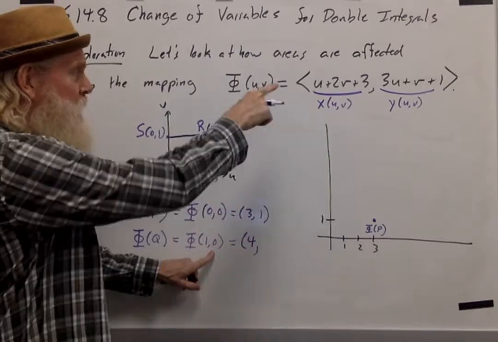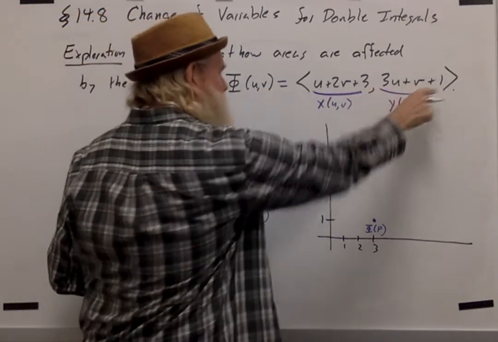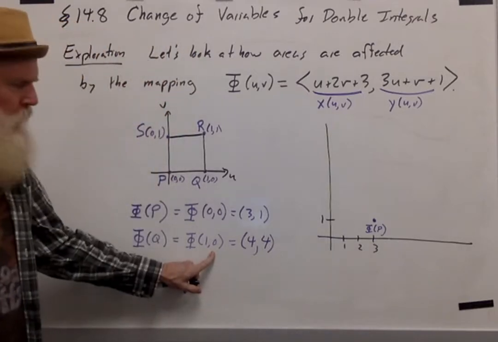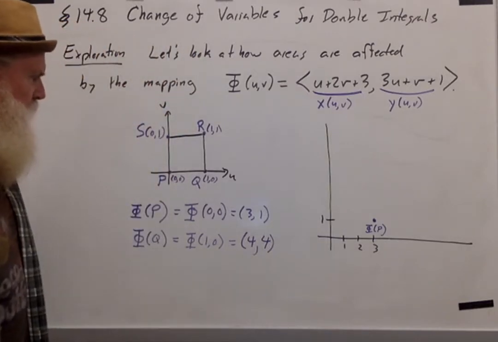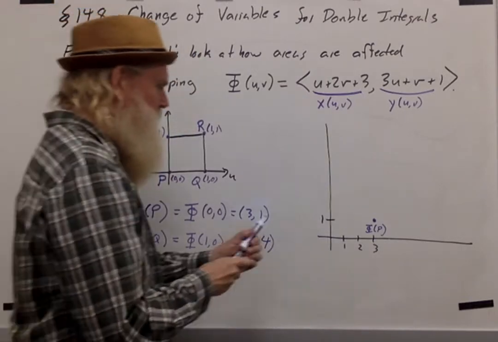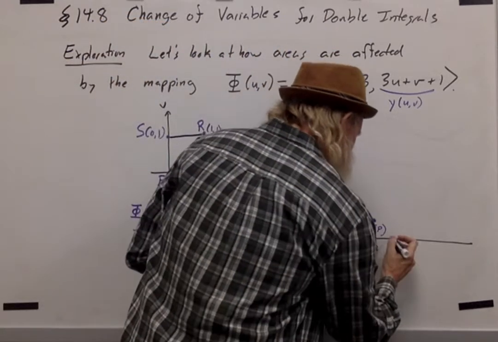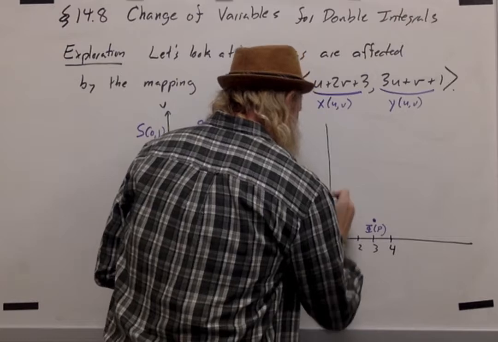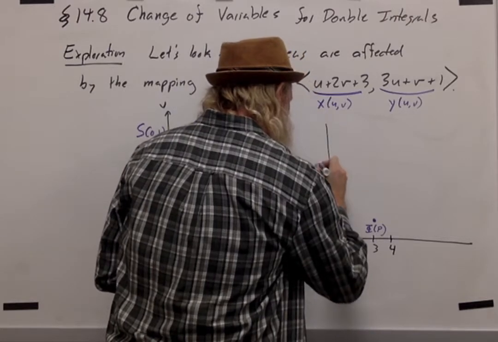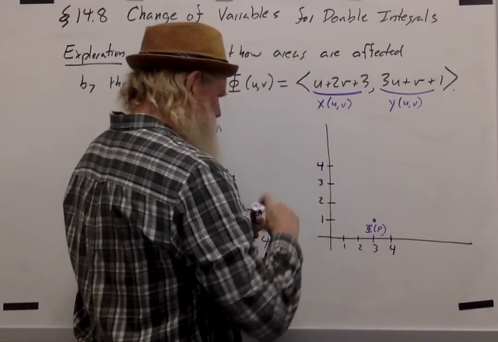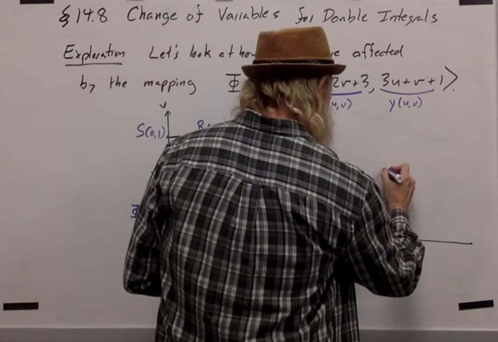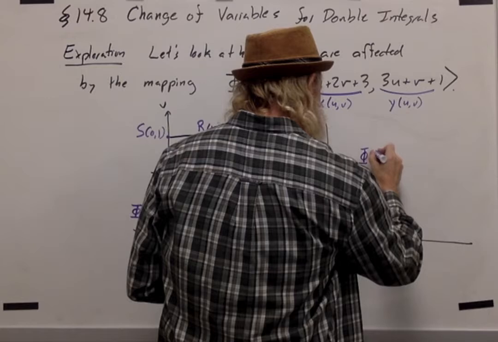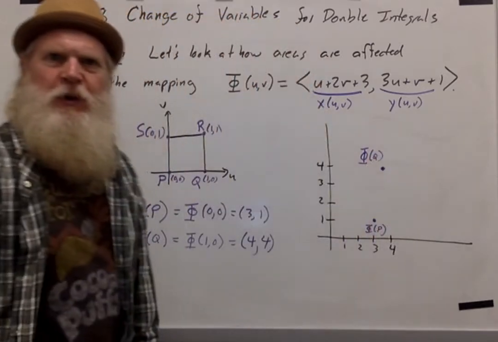And for the second one, it'll be 3 plus 0 plus 1, which is also 4. So phi of 1, 0 is 4, 4. Let's place that in the graph. So phi of Q is there.